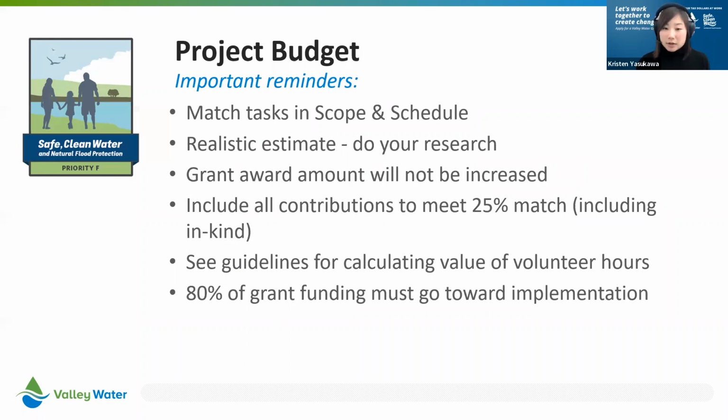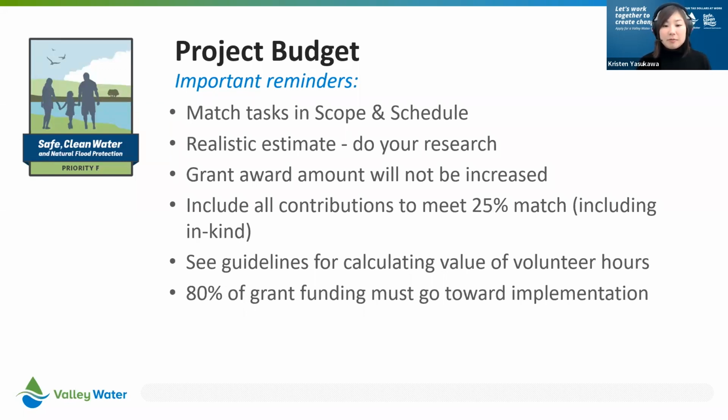We are not looking for overinflated numbers. We are going to be looking to see if you have a sense of how much realistically things might cost. Please note that our grant award amount, once it's awarded, there's no opportunity for it to be increased. If you're awarded, the amount that the board awards is that set amount. They will make that determination in May.